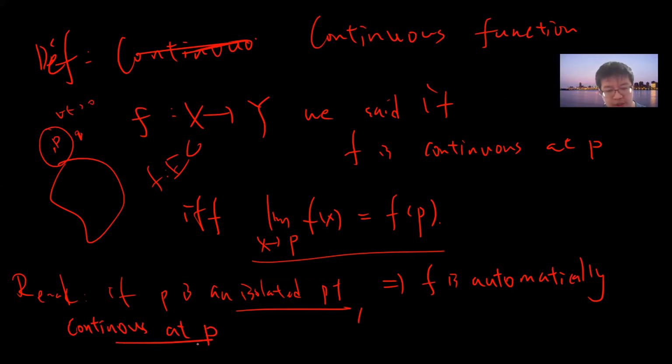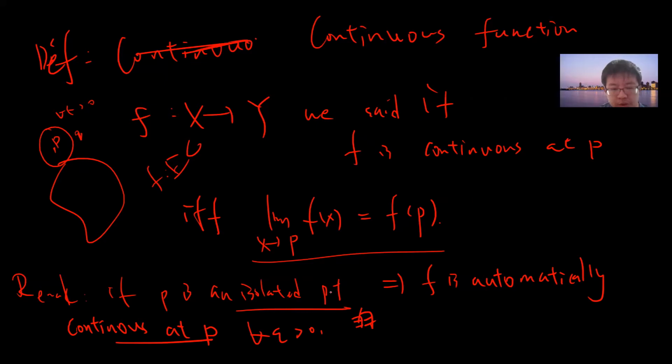Okay, the reason is that we say for all epsilon greater than 0, for whatever epsilon you choose, you can pick delta to be greater than 0.